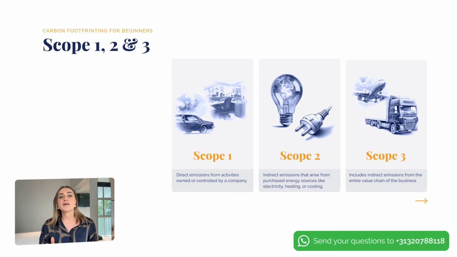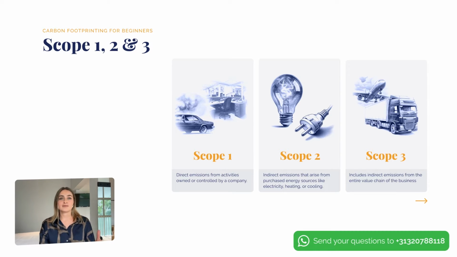Scope 1 covers all your direct emissions that arise from activities that are owned or controlled by your company. This is everything related to gas consumption, for example, the fuel consumption of the trucks that you own, or the gas consumption in your office.